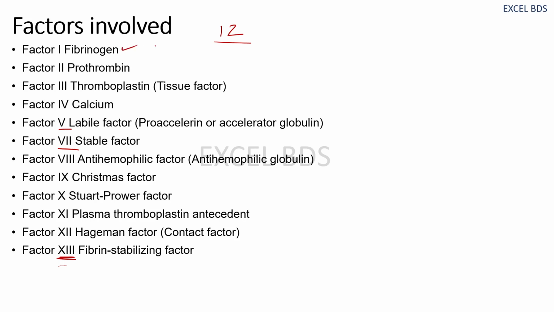Factor 1 is called fibrinogen, factor 2 is called prothrombin, factor 3 is also called thromboplastin, and you have to remember these names also.